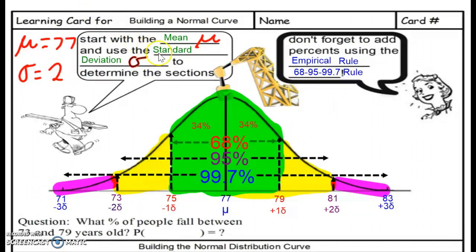So this right here is called the empirical rule. That's why these percentages give it the name the 68, 95, 99.7 rule. Now, I really want you to take note of this. The only time you should really use the empirical rule and these values of 68, 95, 99.7 is if you are asked to use the empirical rule. There's going to be another method that we use to find the area under a curve, and we can use our calculator or we can use a table to try to find more specific areas under the curve.